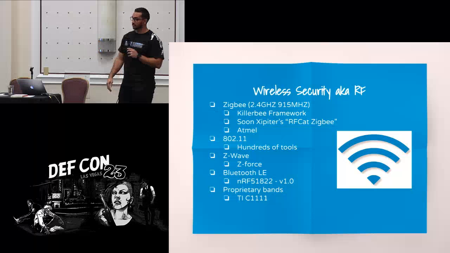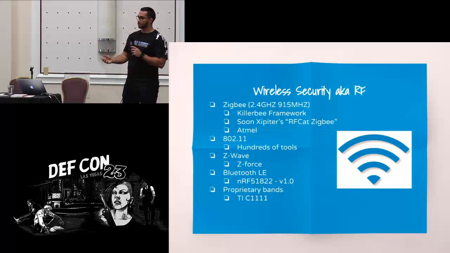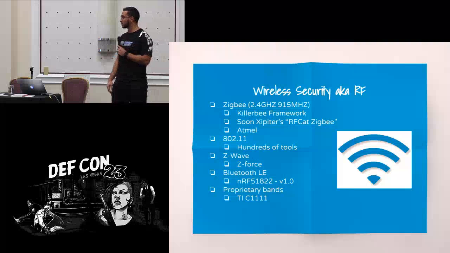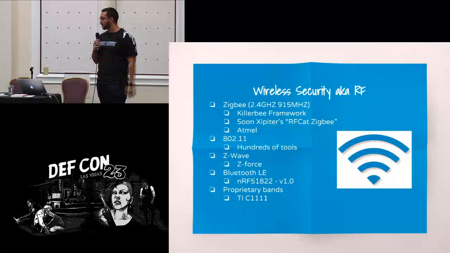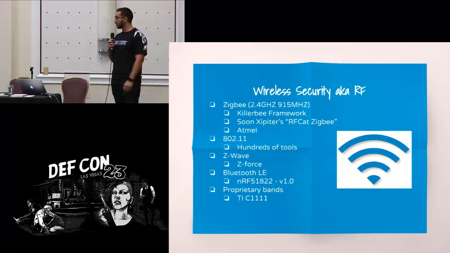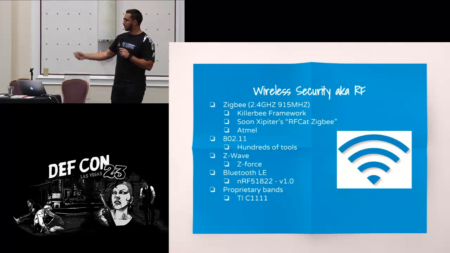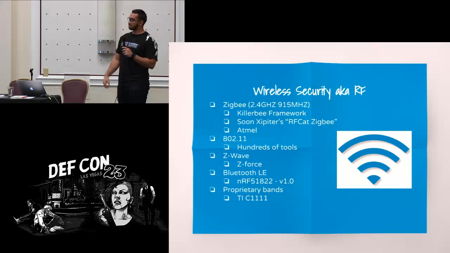Soon, Zipper is going to be releasing RFCAT specifically for Zigbee, so 802.15.4 spectrum analyzing to listen and receive, and transmit. So receive and transmit. You have Z-Wave. You have just general 802.11, meaning Wi-Fi, Bluetooth LE, and proprietary bands as well that you can sniff with something like the TI CC1111, is what it is.